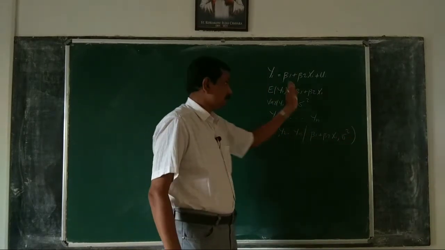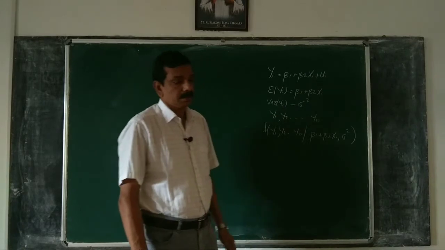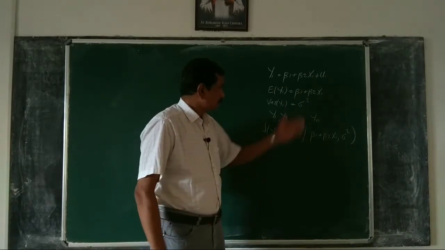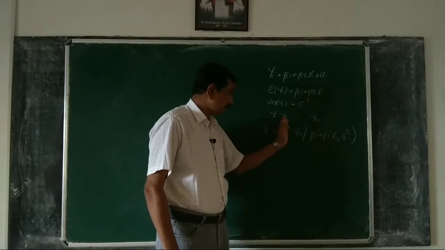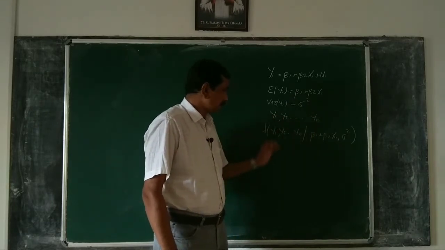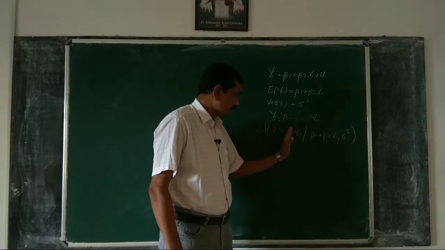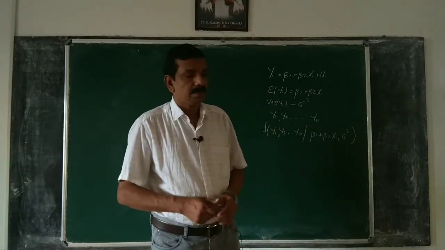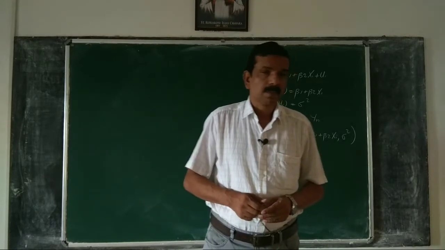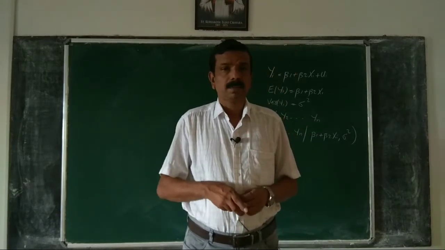Each Yi is normally and independently distributed with the mean and variance given. So the joint PDF of y1, y2, etc. yn is written as f of y1, y2, etc. yn given the parameters beta 1, beta 2, Xi and sigma square.